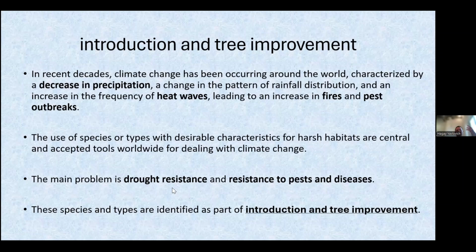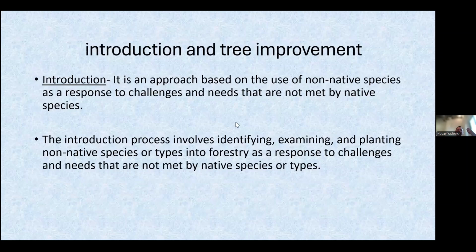One of the ways we try to overcome this problem is introduction and tree improvement. Introduction means that you bring new trees that are not native species. It's a little bit risky because you can have invasive species, which means you have to take great care, see what you bring in, and look very closely before you work with the species.